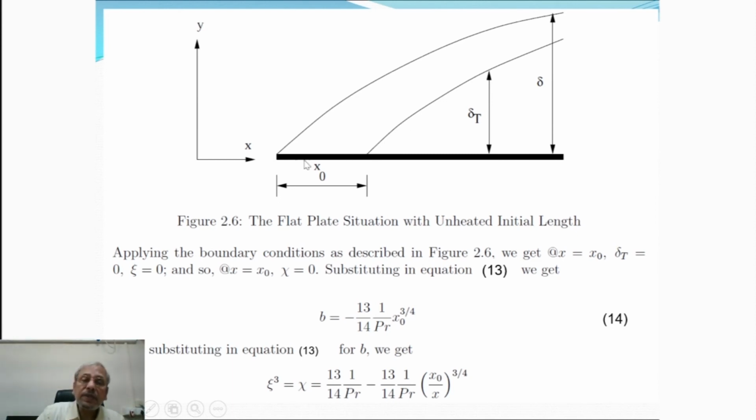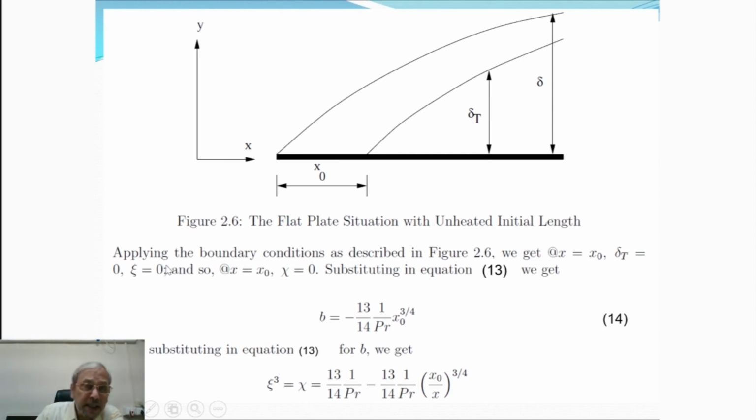So this is very small, the picture is magnified, the small distance, basically unheated initial length. So applying the boundary condition which has been described here, at x equal to x naught, delta t starts. So at x equal to x naught, we can say delta t equal to 0.